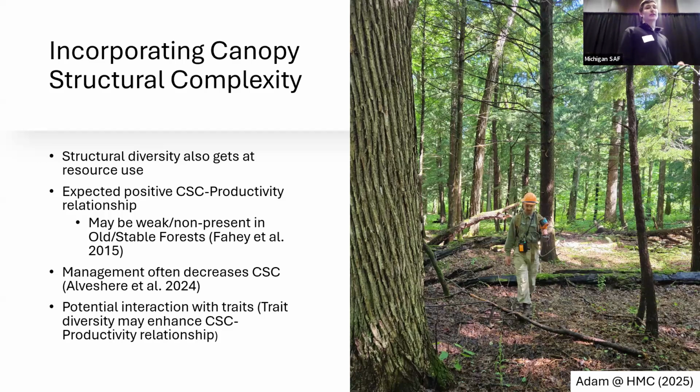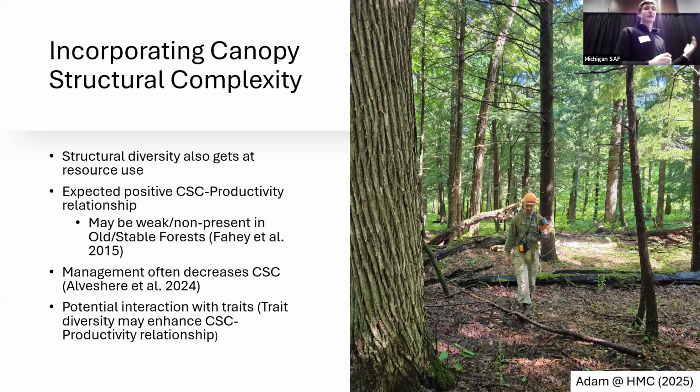We'd also want to look at the canopy structural complexity within the managed stands. So management often reduces complexity in general, but specifically canopy structural complexity. And we want to see if the variability of canopy structural complexity within the managed stands will lead to more carbon storage or sequestration.